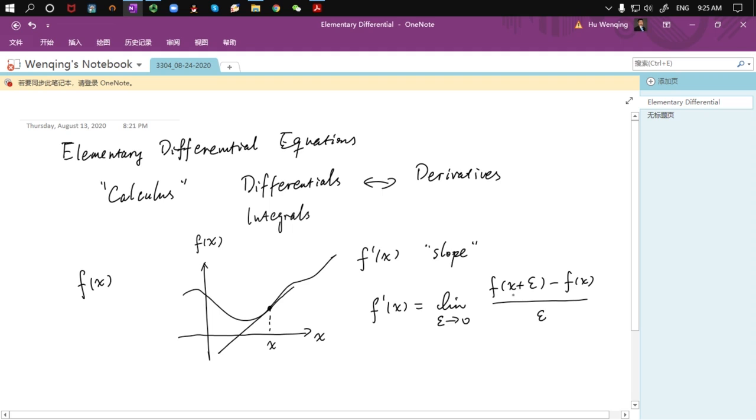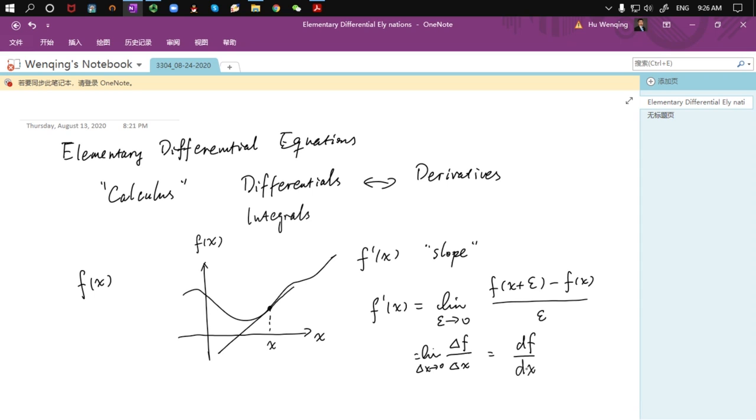It means the rate of change: if x changes by an epsilon, what is the change of f compared to the change of x? So this is actually delta f over delta x as delta x goes to 0. Sometimes we write it as df over dx, if you use Newton's infinitesimal notions.